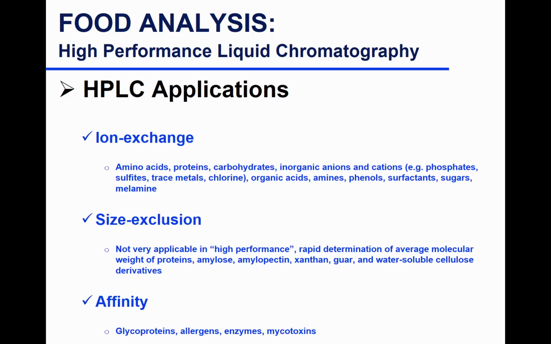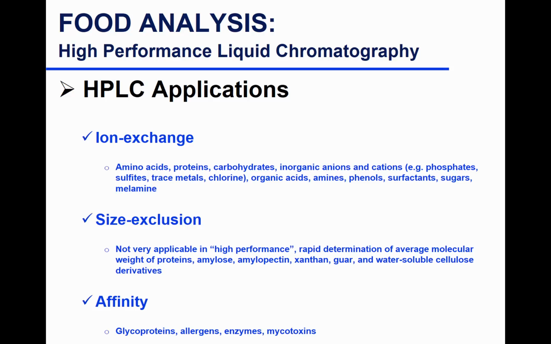Size exclusion is often used as a low pressure chromatography system, as a preparative way to isolate or purify a certain compound. But there are applications for HPLC size exclusion. One of them is very common. We do it in our lab currently, and we use it to estimate the molecular weight of gluten proteins from different sources of flour.